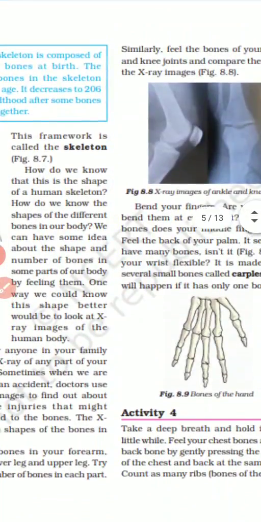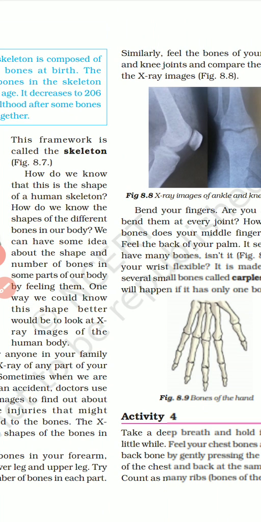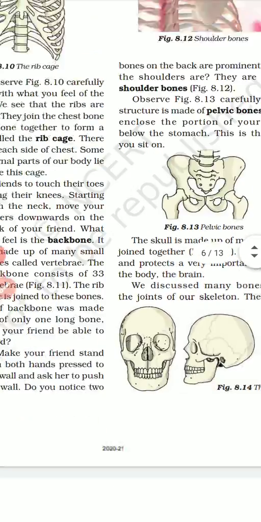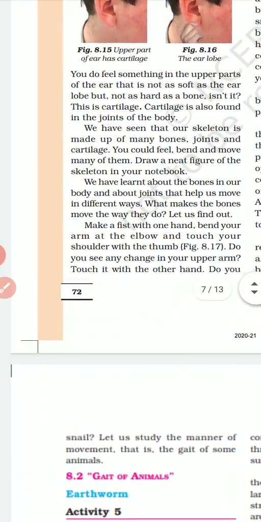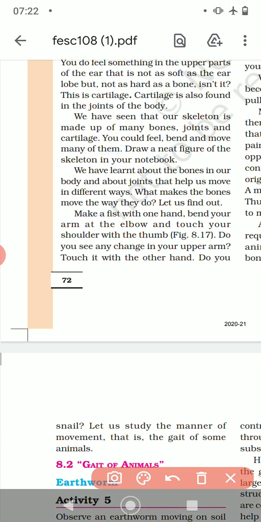One more very important piece of information which I want to give you, children. We have deleted some portions for you so that it becomes a little easier for you to study. This chapter will be complete here, till activity number 4.